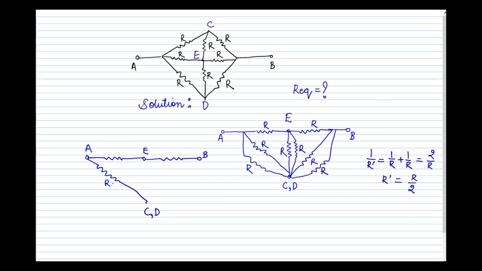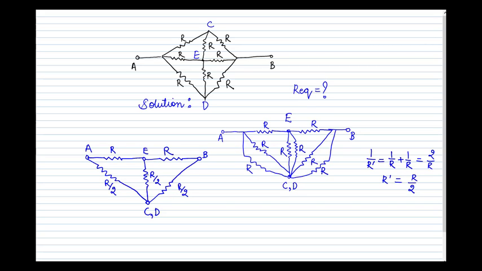And here also we have R by 2 between C or D and B. And between E and C or D, these two are in parallel, so this is again R by 2. These are R and R. These are R by 2 and R by 2.